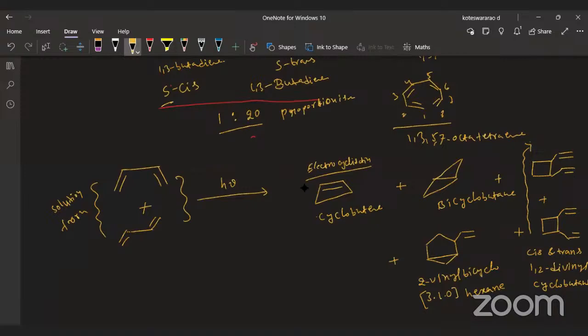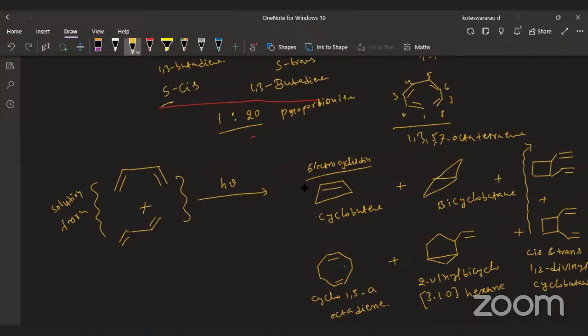Next, a cyclooctadiene derivative: cycloocta-1,5-diene.